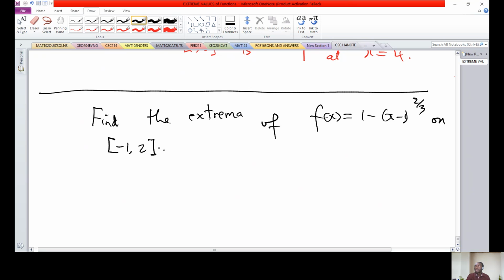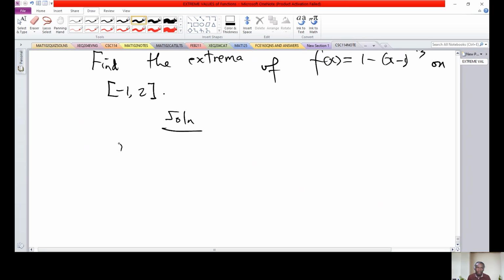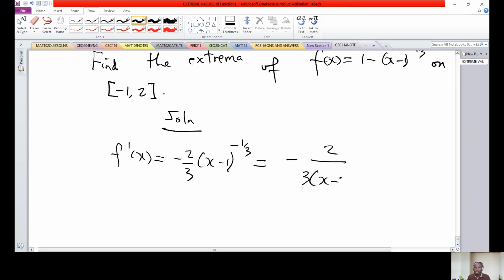So the first thing, as usual, we get the derivative. The derivative of this function will be given by minus 2 over 3 times x minus 1 raised to the power minus a third, which is the same as minus 2 over 3 into x minus 1 raised to the power a third.